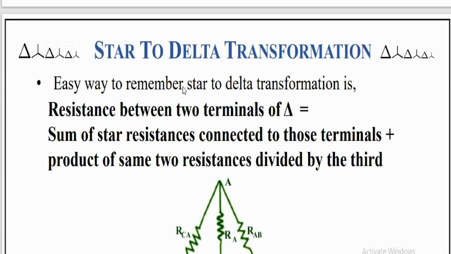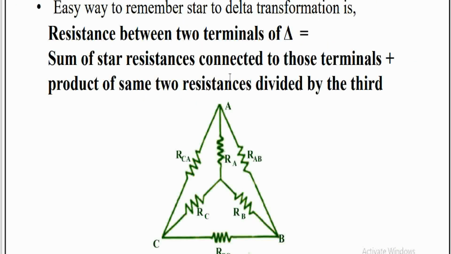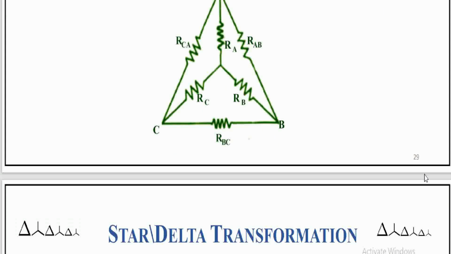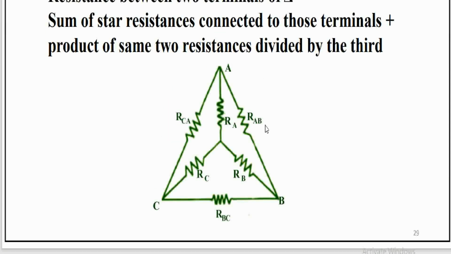And now it is the conclusion point for star to delta. An easy way to remember the star to delta transformation. If I want to get delta from star, for example, this is your star, and this is your RA, this is your RB, and this is your RC.